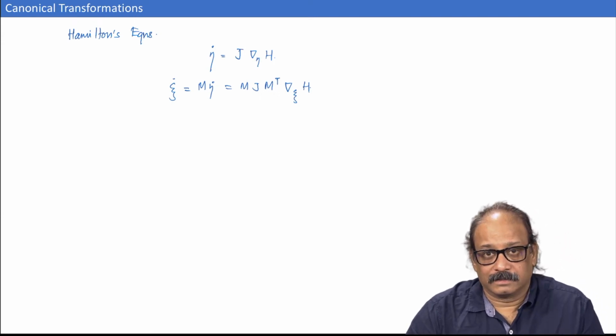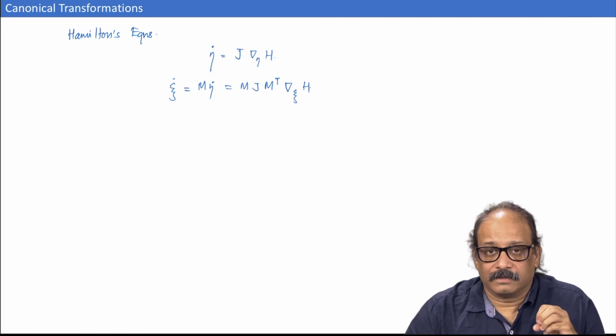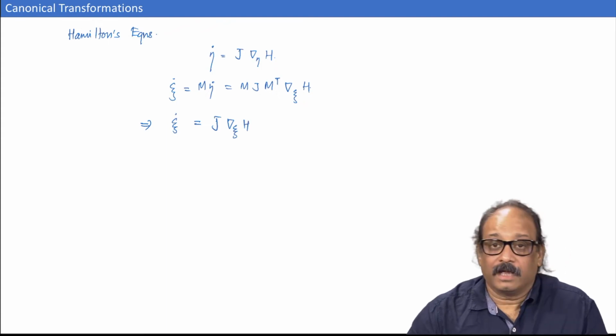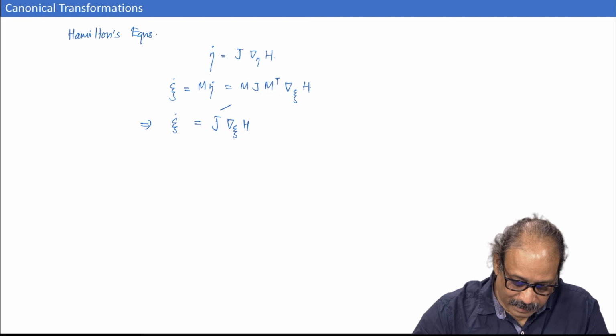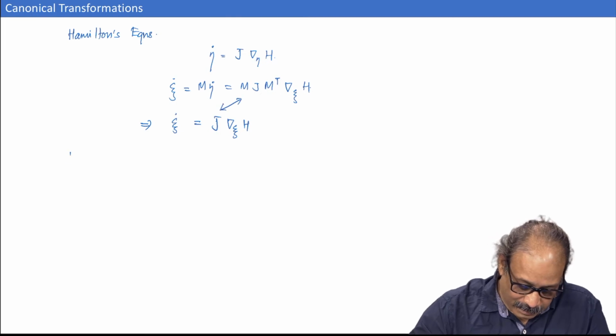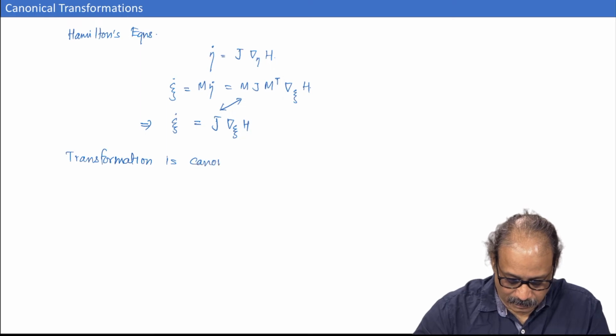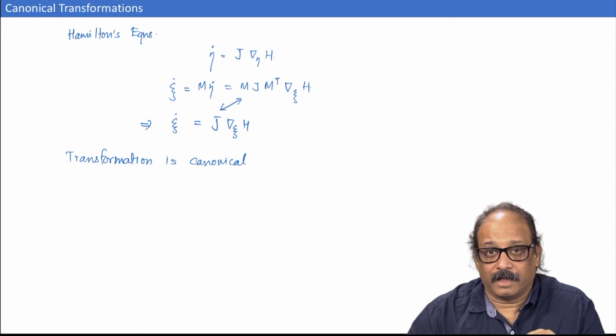And this, if you compare, so if the transformation was canonical, then what we expect is this xi dot must be equal to J times gradient of this if the transformation is canonical, and then you compare these two and say that the transformation is canonical if M is symplectic.